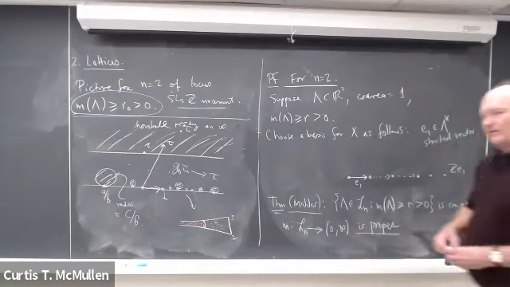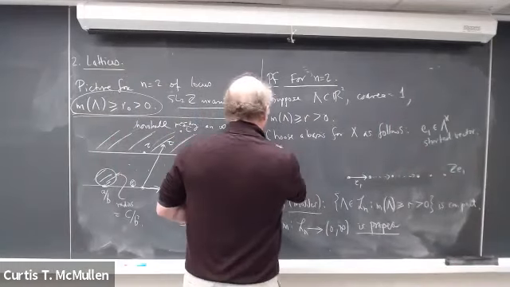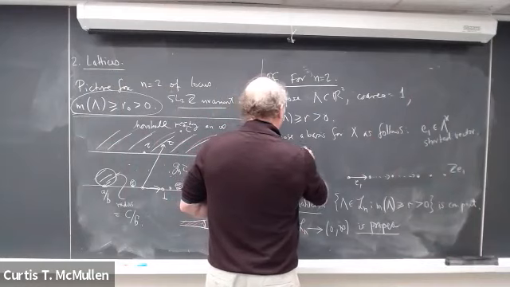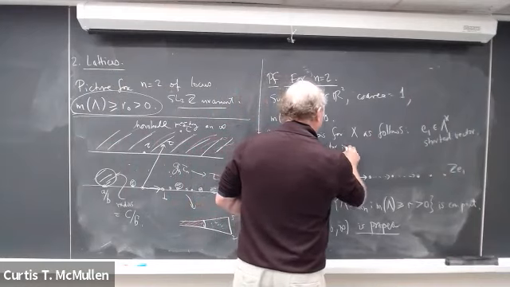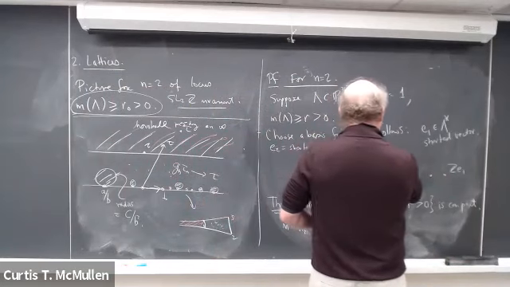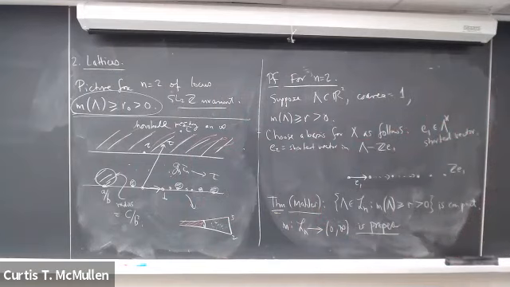And now, to get a basis for the whole lattice, I let E2 be the shortest vector in the complement of the subgroup I've already generated by E1.